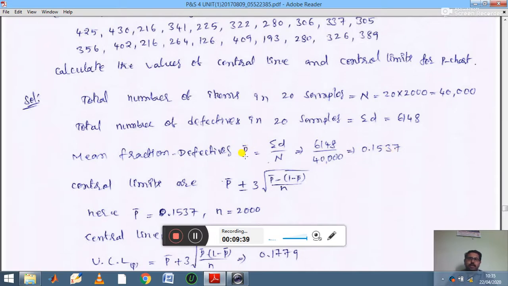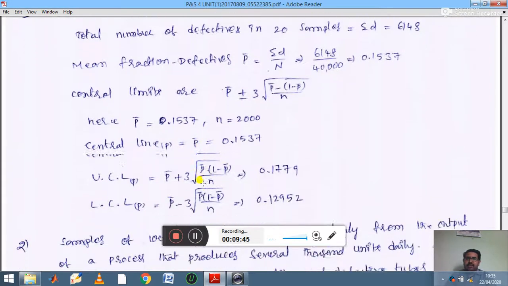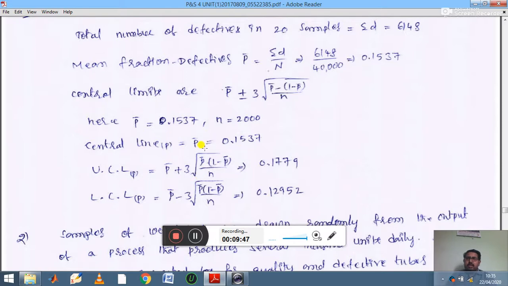So when you get P bar value, then you go for control limits, means to calculate UCL and LCL value. To calculate UCL value, formula is P bar plus 3 into square root of P bar into 1 minus P bar by n. Similarly to calculate LCL, P bar minus 3 into square root of P bar into 1 minus P bar by n.